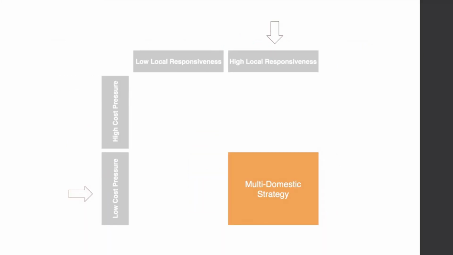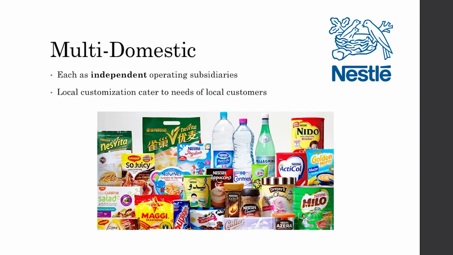Next is the low-cost pressure, high local responsiveness, multi-domestic strategy. One good example of this strategy is Nestle. The company's decision-making is decentralized to serve the specific local customers' needs. The product line is very customized to suit the taste of local customers in each of the company's markets.